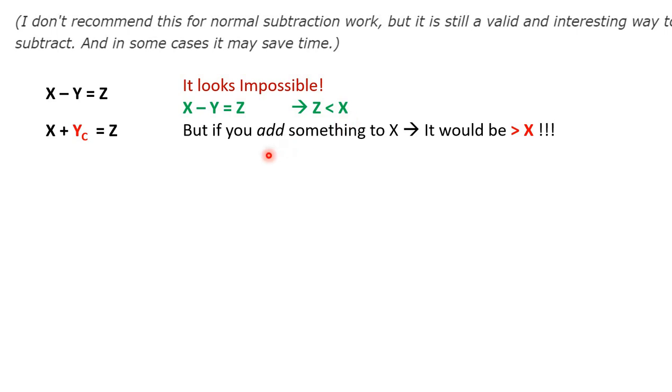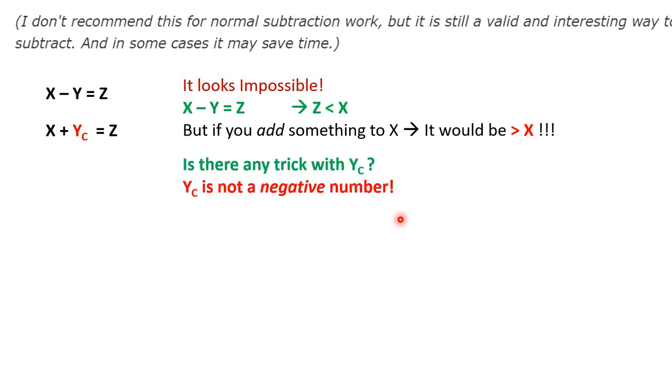But if you add something to x to get that z, then z is definitely going to be greater than x, right? So it looks a bit impossible. We are assuming that all numbers are positive here. So is there any trick with this yc that I'm adding to x to get z? But mind that yc is not a negative number, so it doesn't resolve the problem.